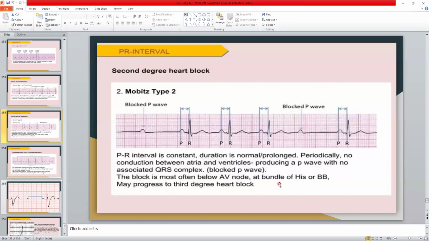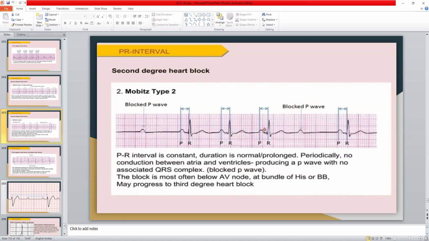Ma'am, how to measure the heart rate in these heart blocks, and is it always bradycardia? In Mobitz type 2, there is a regular heartbeat. From the RR interval only you have to take the heart rate, but not between the blocked P wave.